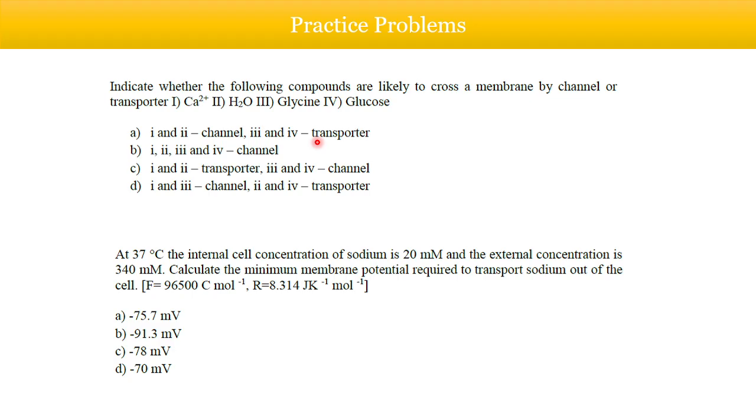So channels function on the principle of diffusion, if you know that. It facilitates diffusion of small polar molecules down the concentration gradient, sometimes ions as well. So the molecules that cross through channels are uncharged polar, whereas transporters, which we also know as carriers, bind to certain molecules, and then undergo certain conformational changes to move across the membrane.